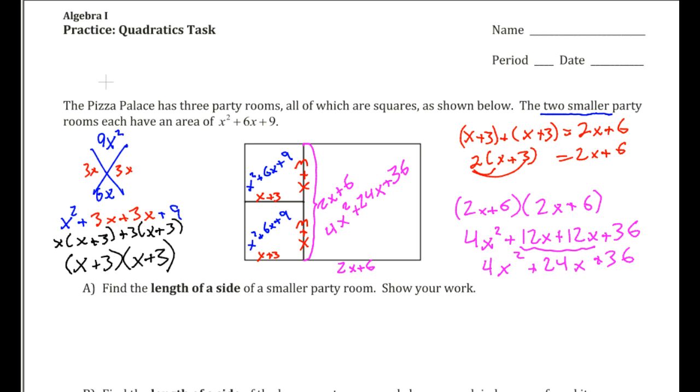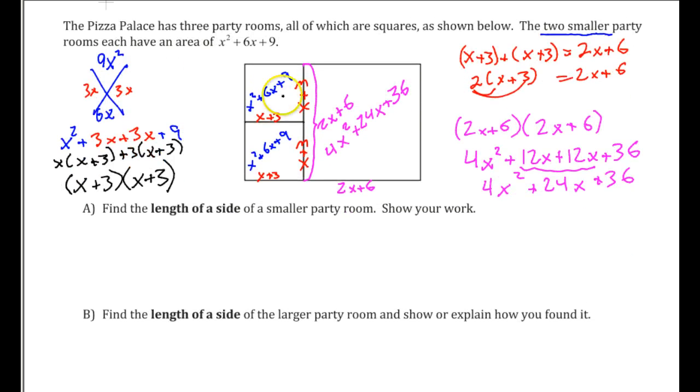Okay. So let me use that to fill in a little bit of information. I have all the work up here, so I'm going to just refer to everything up here. The length of a side of a smaller room, we found that. That's x plus 3. The length of the side of the larger room, we found that by adding these two together.